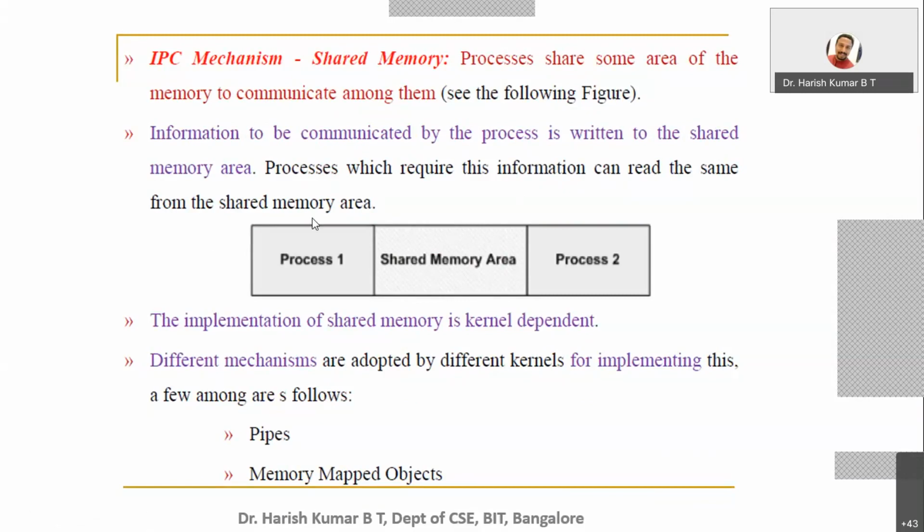You can see in the picture process 1 and process 2, and the shared memory area. Say this process has something to communicate with the other process. It will just write the data it has to the shared memory, and the other process will perform a read operation from the shared memory and get the data.